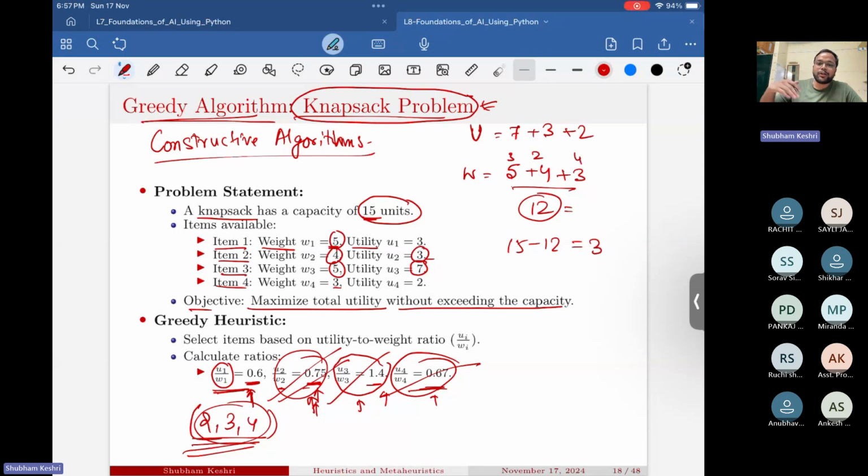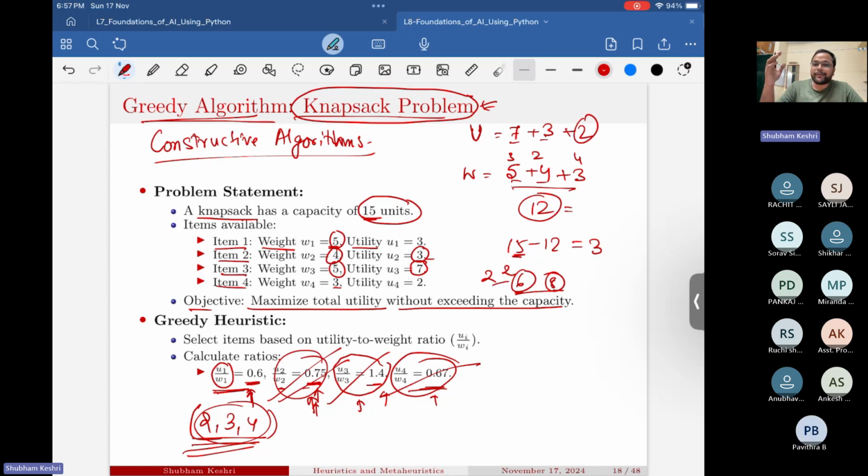Suppose you have not picked 4, and there are some objects, suppose object 6, which when combined with object 8 filled the capacity to 15. Suppose object 6 has a utility of 2, and object 8 also has a utility of 2. So 7 plus 3 plus 4 would have become 14.